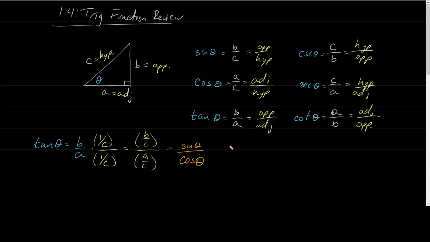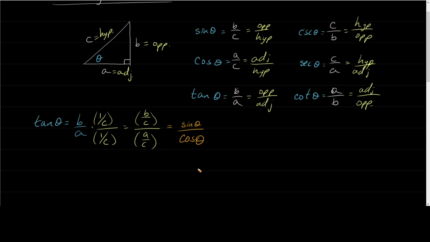So tangent is just sine over cosine. By similar logic, we would say that cotangent theta is equal to cosine theta over sine theta. All right. So that's the 6 trigonometric functions.